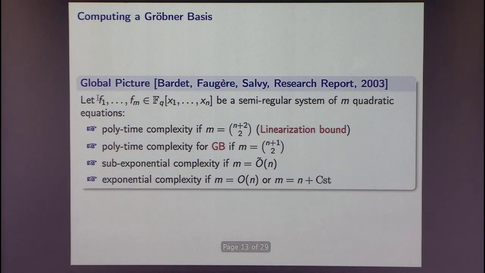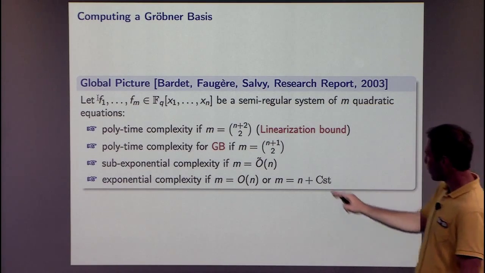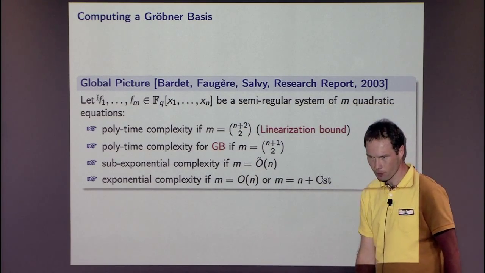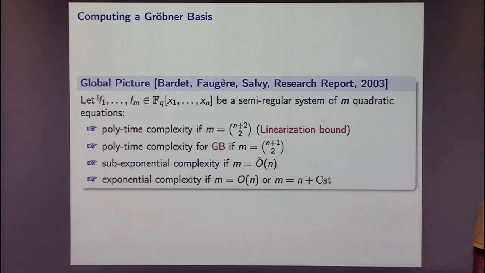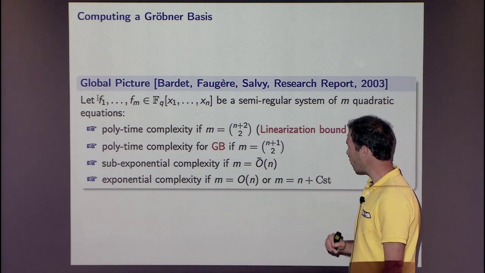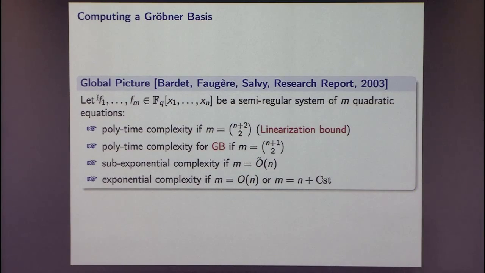And actually the global picture for equations of degree 2 is as follows. So this is the linearization bound. Okay? So you know that if you have a system of quadratic equations, then if you have this number of equations, then with high probability, you can solve in polynomial time.